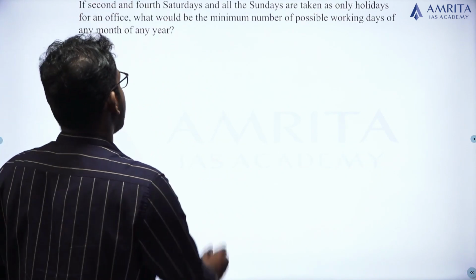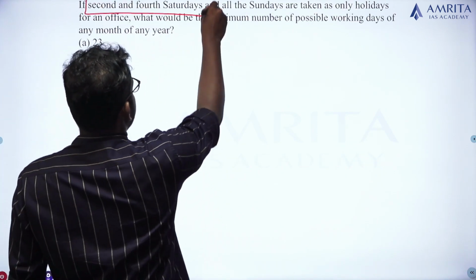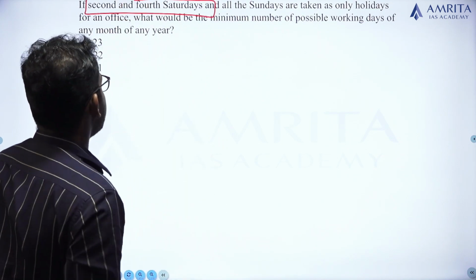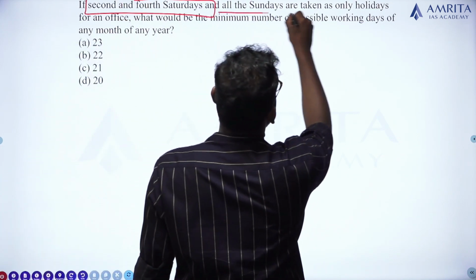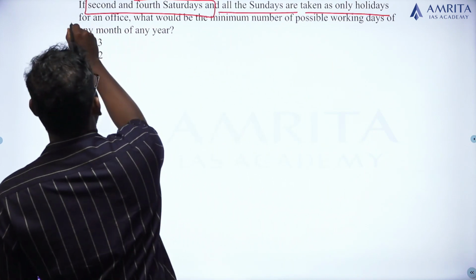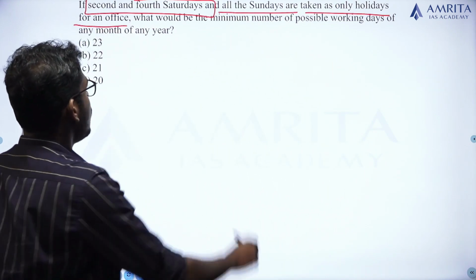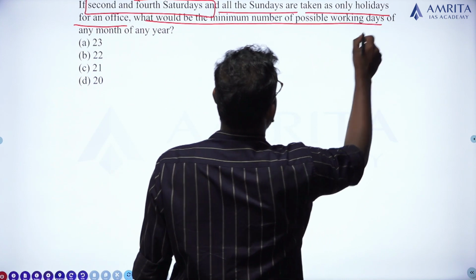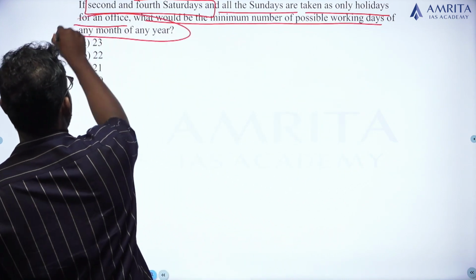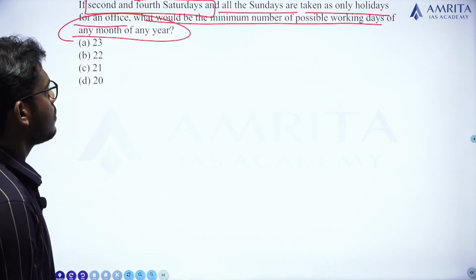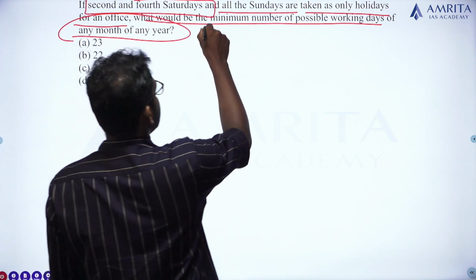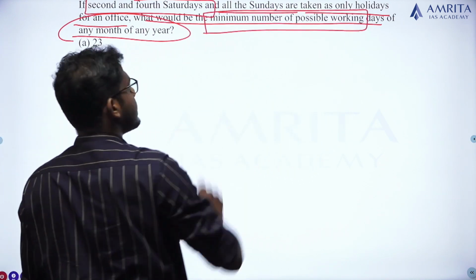If second and fourth Saturdays, this was a question asked last year. If second and fourth Saturdays and all the Sundays are taken as the only holidays for an office, what would be the minimum number of possible working days of any month of any year? Okay, so we are asked to find the minimum number of possible working days.